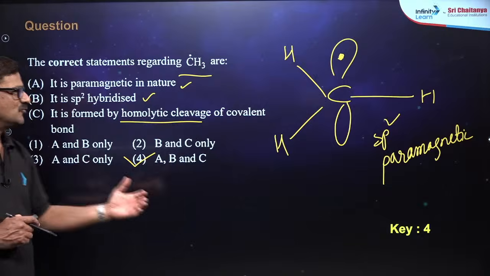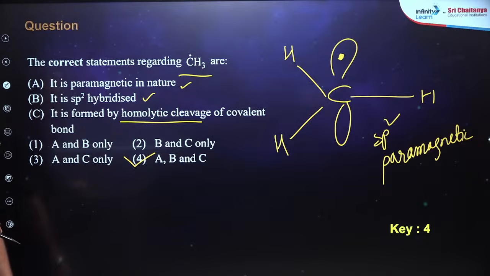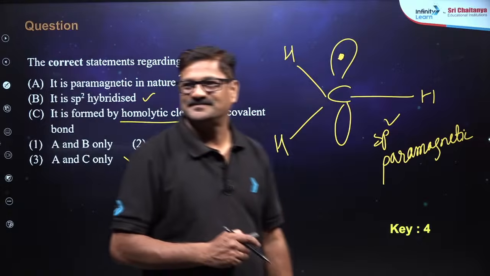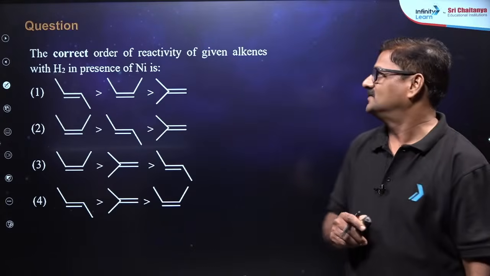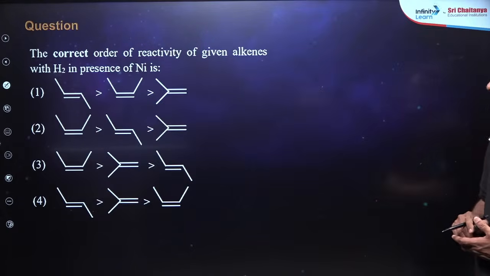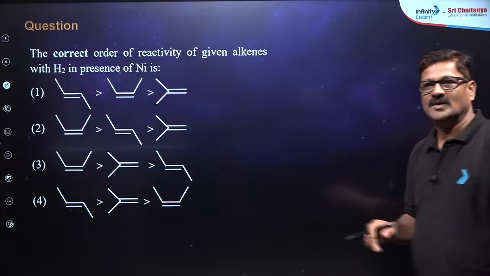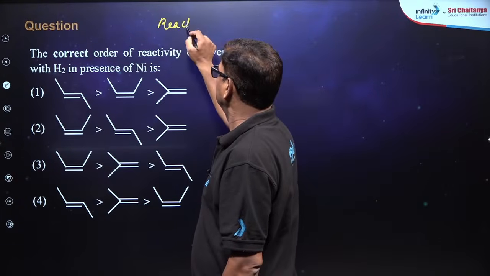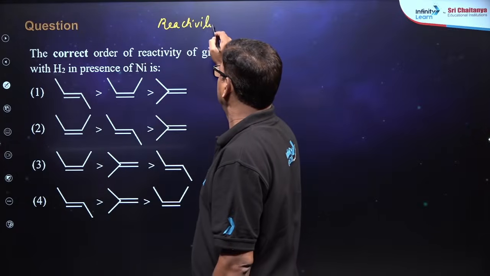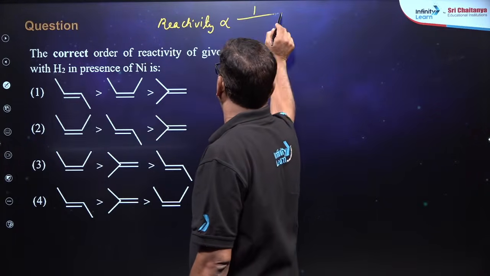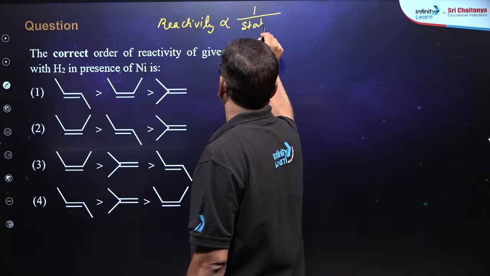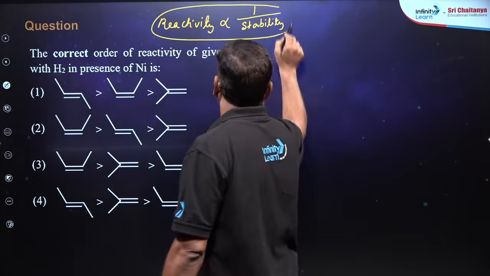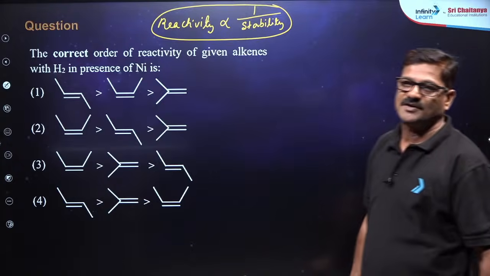Next, one more question. This is one more, the correct order of reactivity of alkenes. So, reactivity is inversely proportional to the stability.